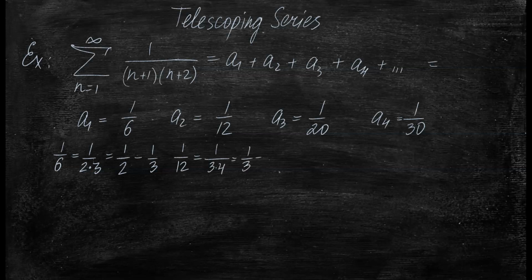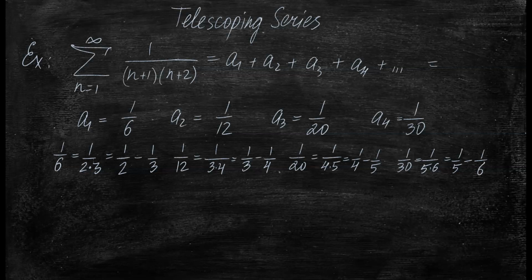Yes, it will be 1/3 minus 1/4. 1/20 can be expressed as the difference of 1/4 and 1/5, and 1/30 can be expressed as a difference of 1/5 and 1/6. So you may say, so what? How does this help us?